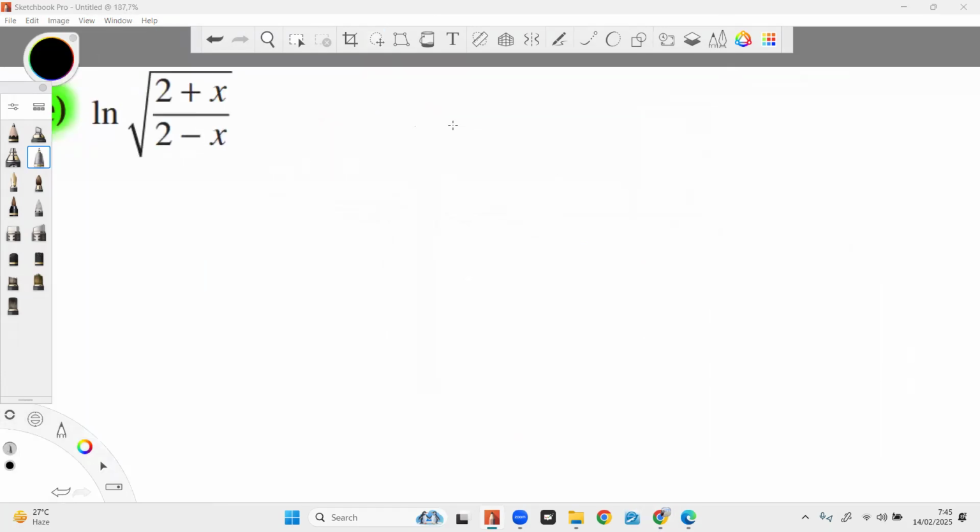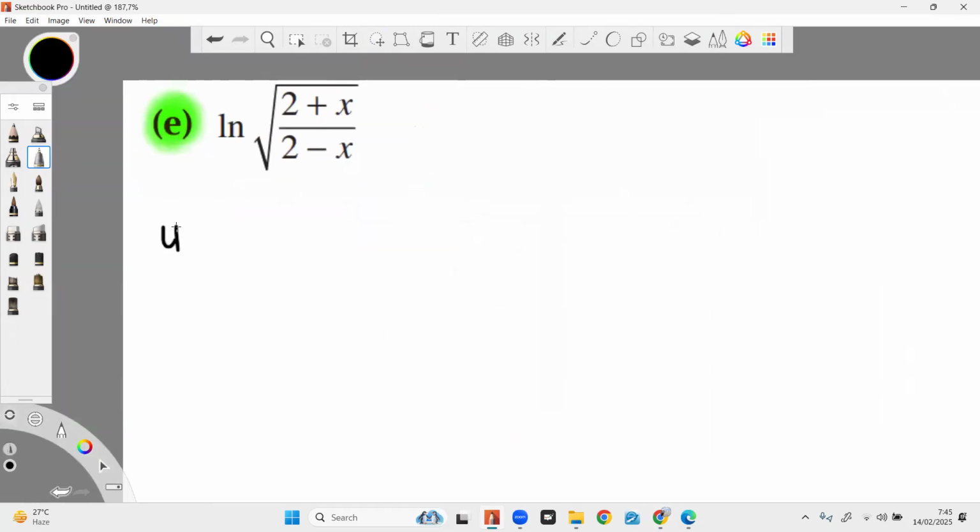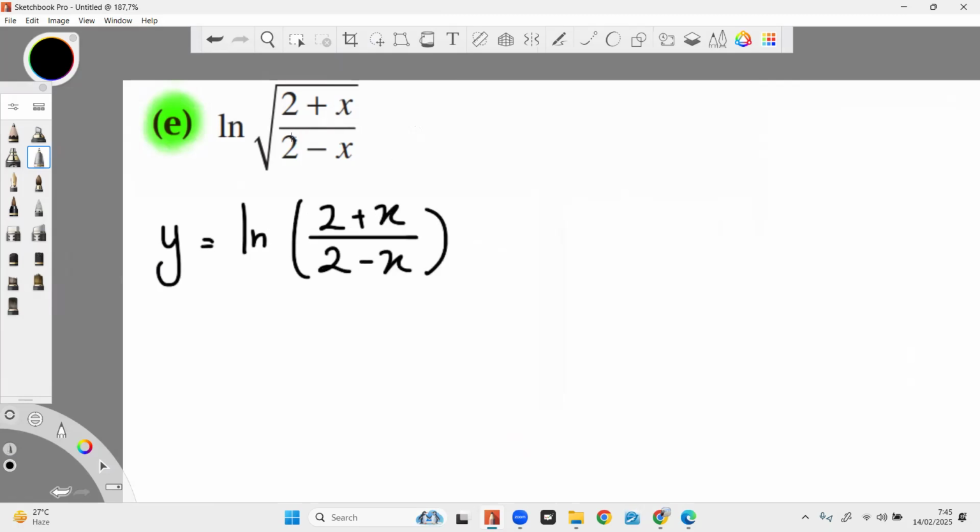I write y equals ln of (2 plus x) over (2 minus x) to the power of half. The square root means the power of half, right? So this is u.